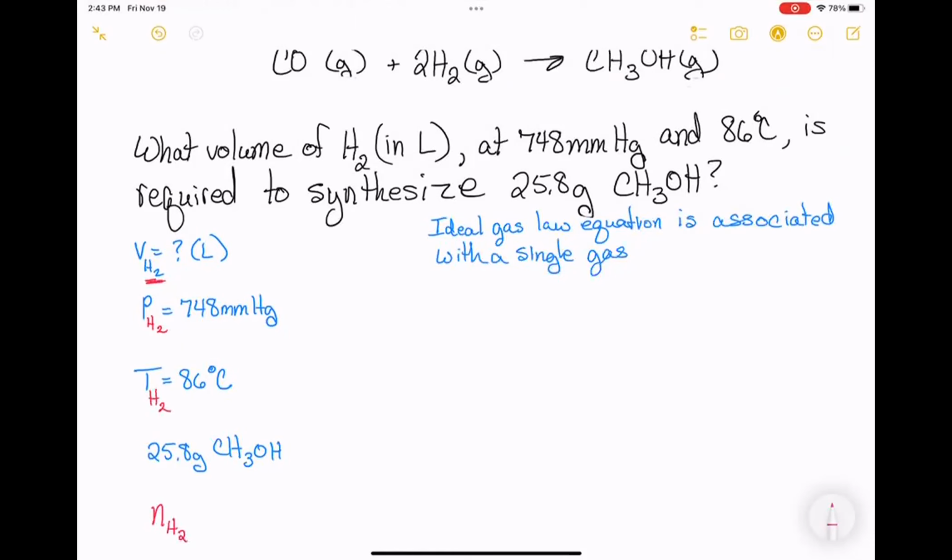I need everything to be about the hydrogen. Now, the pressure and the temperature are going to be constant in this particular case because this reaction is taking place in a single container.